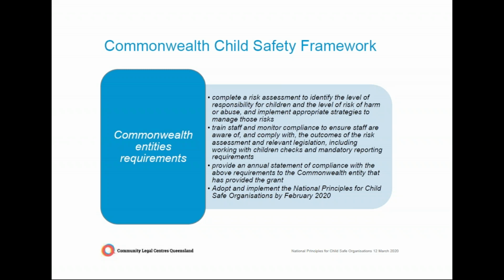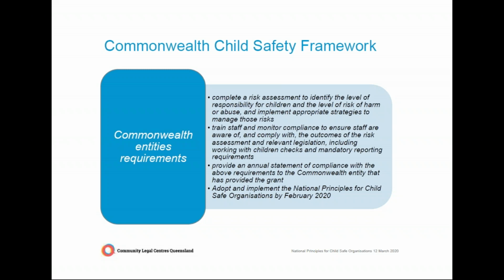This framework is aimed at ensuring Commonwealth entities have adequate policies and procedures in place for the protection of children and young people. It is described as a whole of government policy that sets minimum standards for creating and embedding a child safe culture and practice in Commonwealth entities.